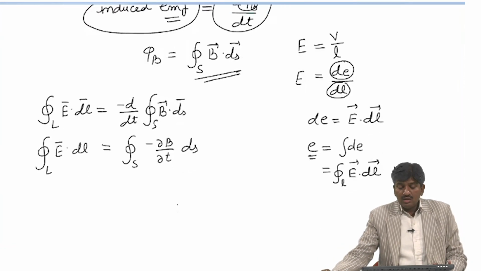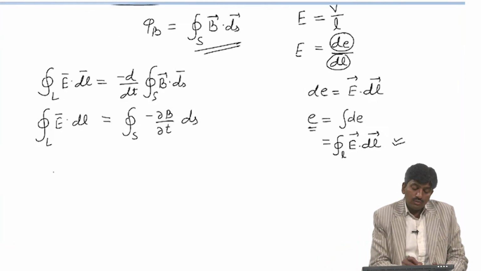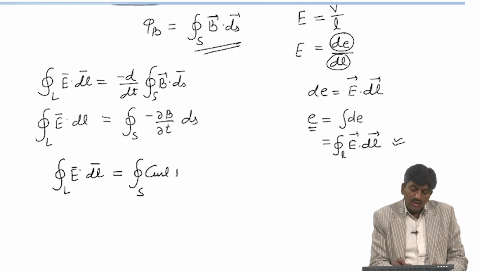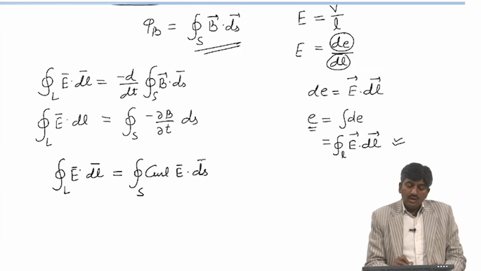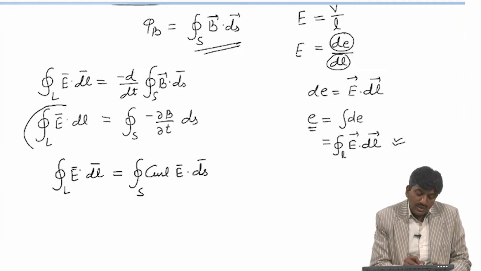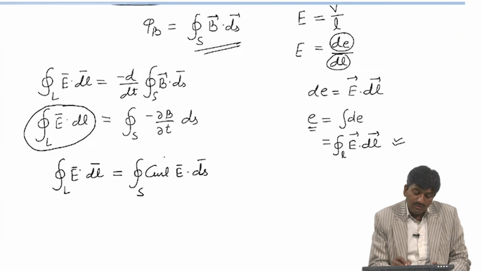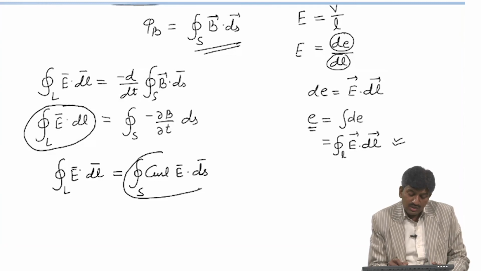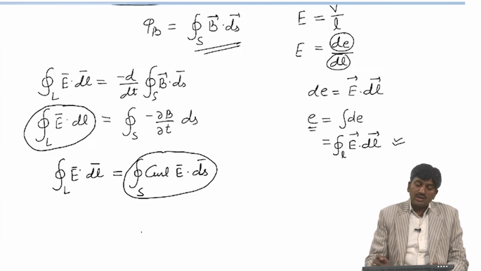Here we can use the Stokes theorem, which says line integration of electric field is equal to surface integration of curl of that electric field. This is the Stokes theorem, and we can replace this line integration of electric field by surface integration of curl of electric field.